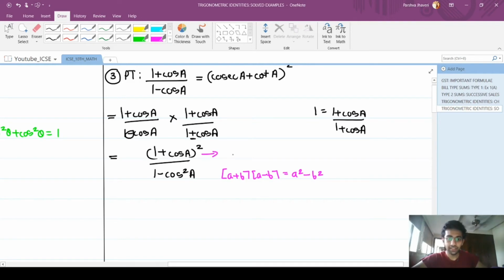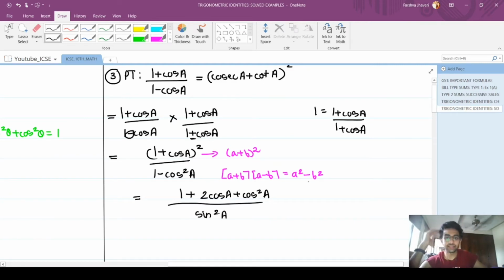And in the next step I will use the a plus b whole square expansion, a square plus 2ab plus b square, upon 1 minus cos square A, which is nothing but sin square A. How did I get this?